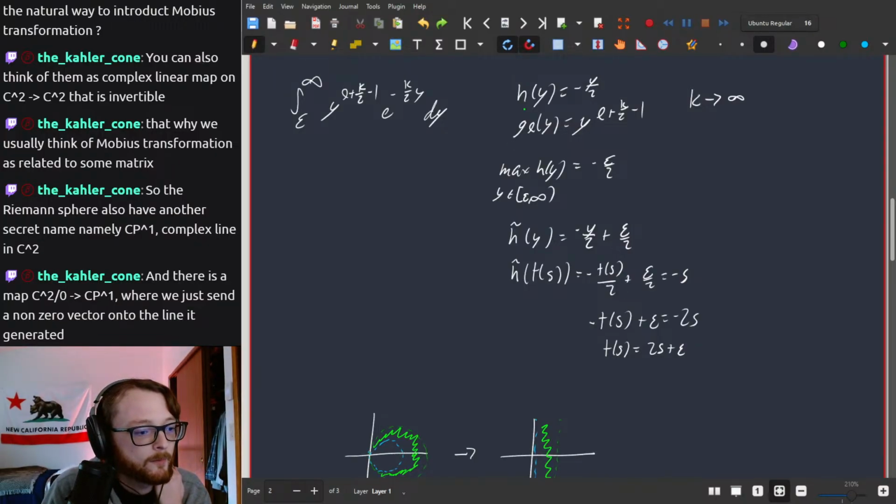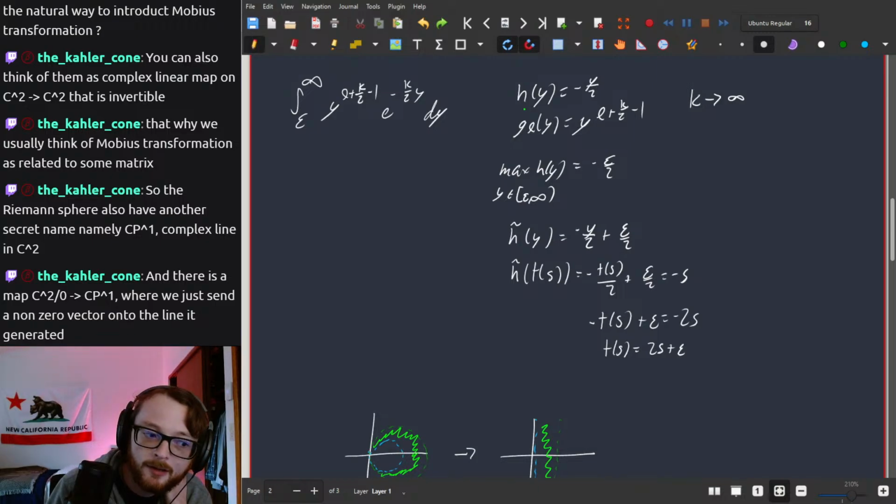There's a map C2 without 0 to CP1, where you just send a non-zero vector onto the line it generated. It's like a projection, is how I'm imagining it. This is weird, like a 4-dimensional vector projected onto a 2D space, right?